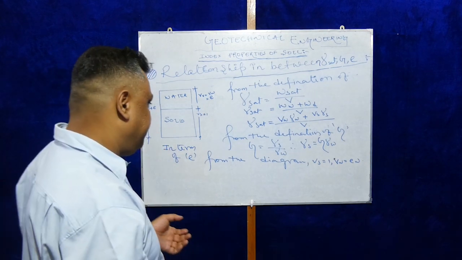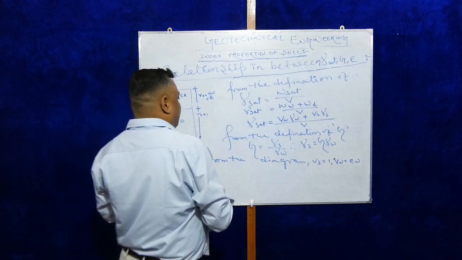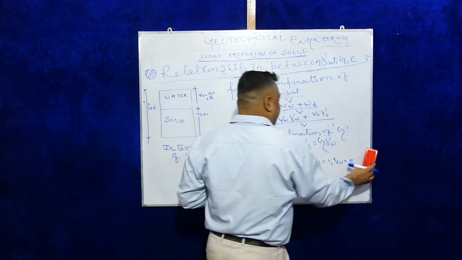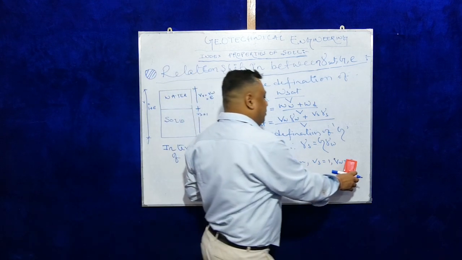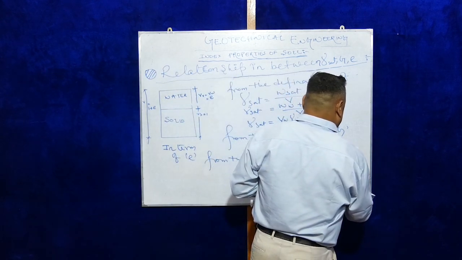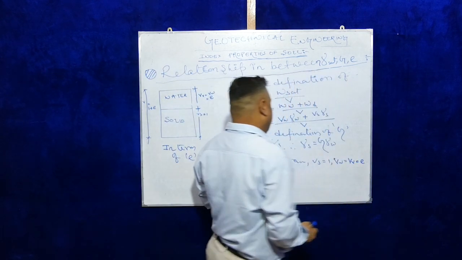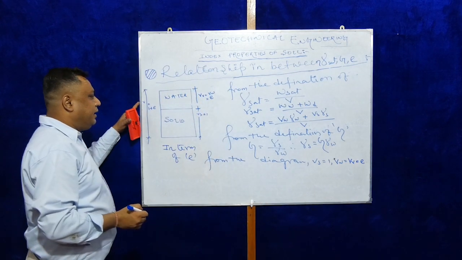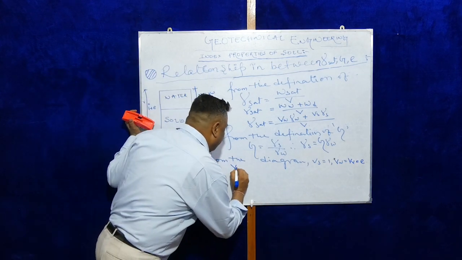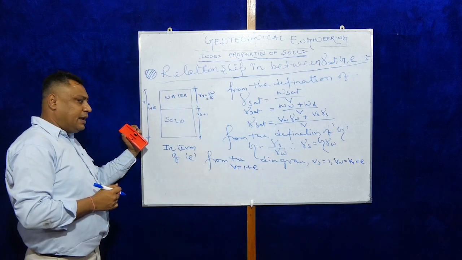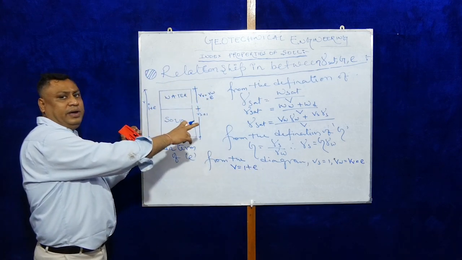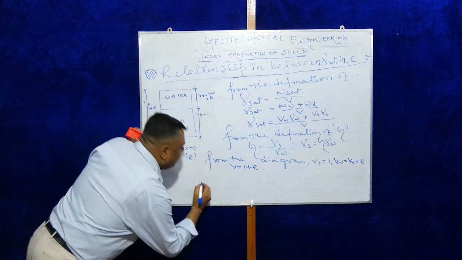Right? Now, Vw is equal to e. And what is V? V is equal to 1 plus e. Right? Putting all the values in this equation.